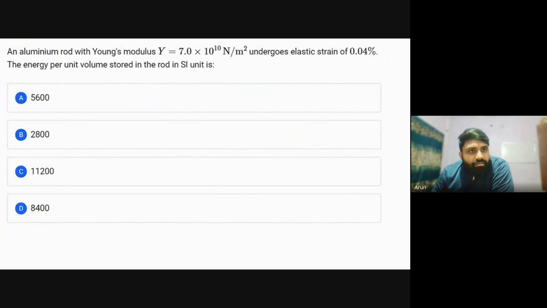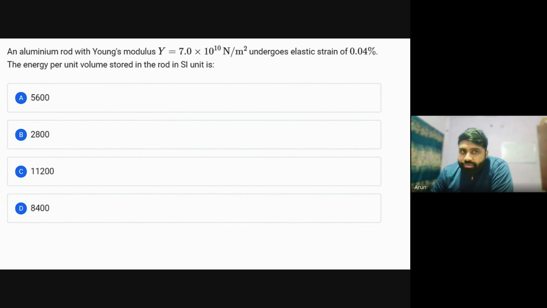Now look at this question. This is a previous year asked question. An aluminum rod with Young's modulus Y equals 7.0 times 10 raised to the power 10 newton per meter square undergoes an elastic strain of 0.04%.